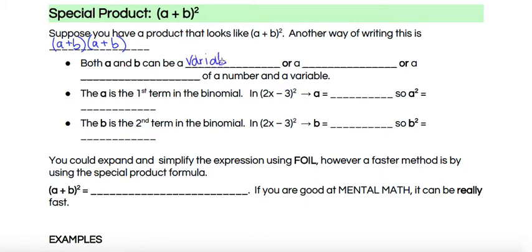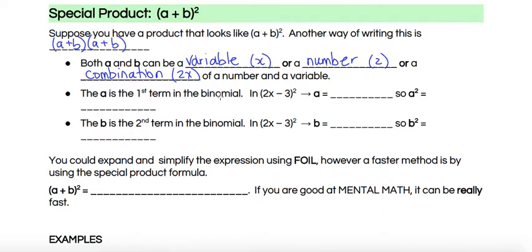Remember, a variable is another word for a letter, a number, or a constant, or a combination of the two. So, like I said, it could be a variable, which is like an x. It could be a number, like 2, or a combination of the two, like 2x. So a is the first term.